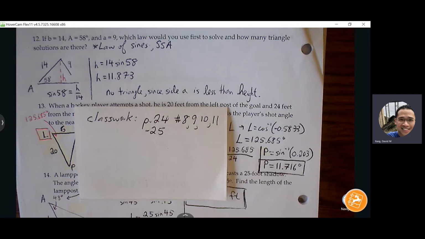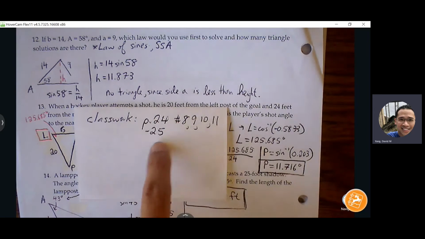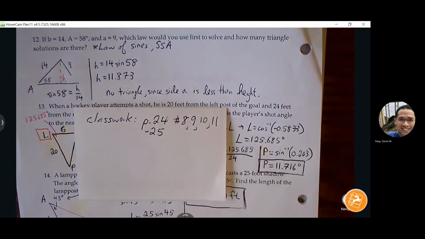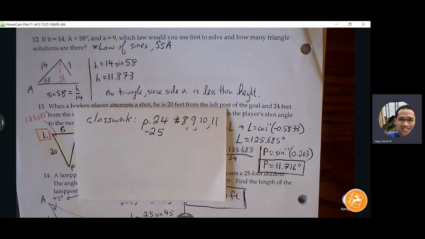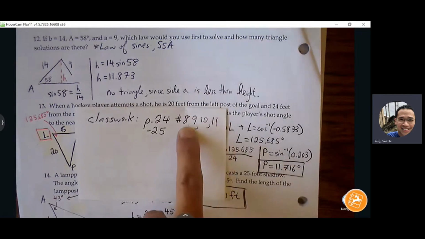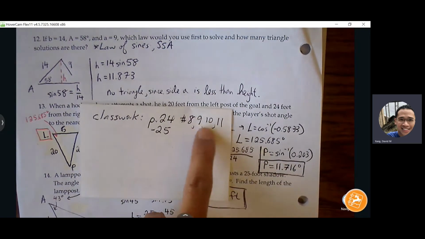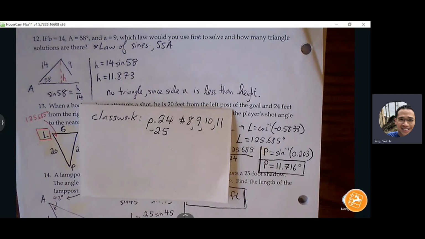Test is Friday. I have 4 problems for us to do for classwork. Just review. I have a potentially ambiguous case problem, and then we have a couple of area problems just for us to practice with. So 4 problems. You should get this done in class.